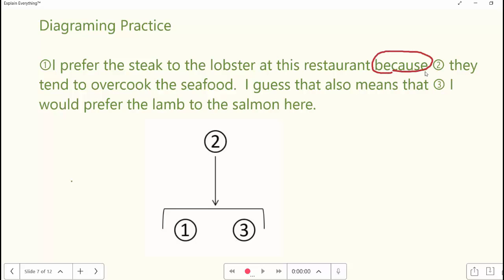So this is a premise indicator suggesting that what follows is going to be a premise. So I prefer the steak to the lobster at this restaurant because they tend to overcook the seafood. So the fact that it's true that they overcook the seafood suggests that you don't want the seafood and would prefer something other than a lobster, being, of course, an item of seafood. So you'd prefer the steak over the lobster.